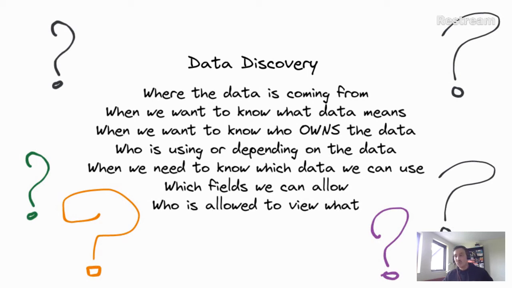And we should not have to ask people every time which data we can use to reach a certain conclusion or do a certain analysis. It's especially annoying when that person refers you to a different person, who then refers you to another person who is on holiday or does not work for the company anymore. So these are some of the things we want to solve with data discovery.